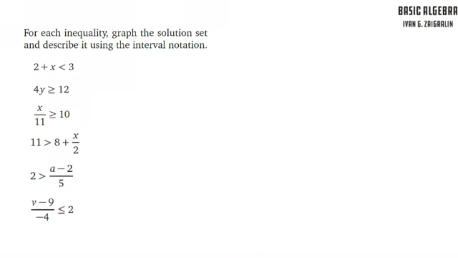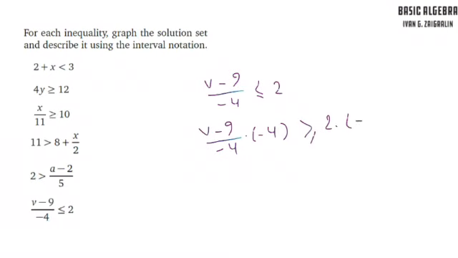The next inequality is v minus 9 over negative 4 is less than or equal to 2. For this inequality, firstly we multiply each side by negative 4, but the inequality sign is reversed, so v minus 9 over negative 4 times negative 4 is greater than or equal to 2 times negative 4.